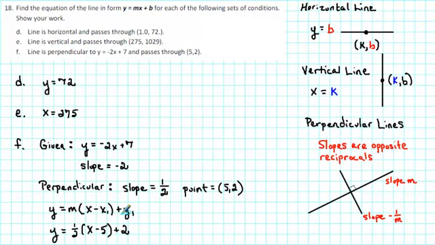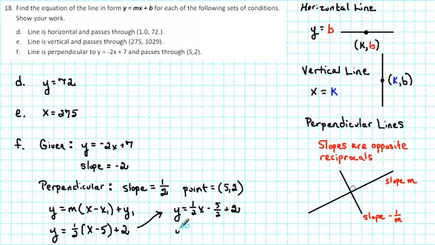And then finally, the last thing that we do is we simplify and write the equation in y equals mx plus b form. So I'm going to write y is equal to, distribute 1/2 through the parentheses, 1/2 x minus 5/2 plus 2.